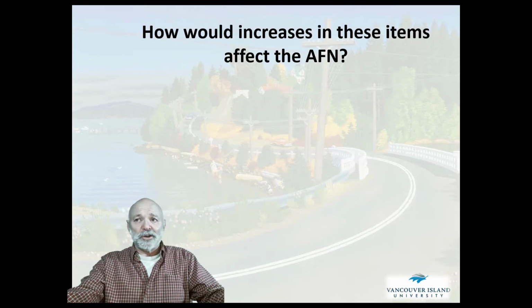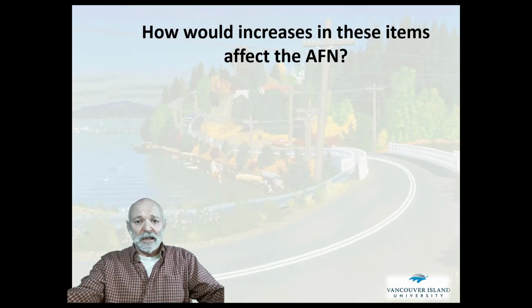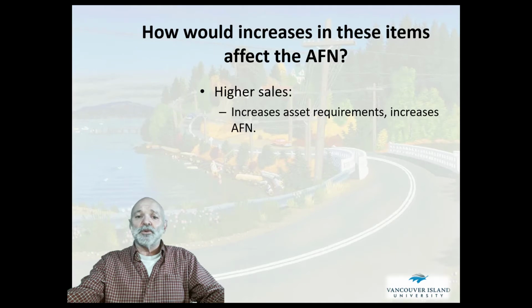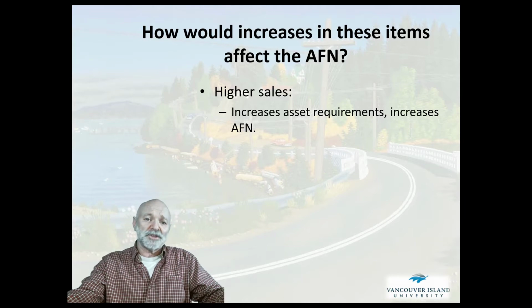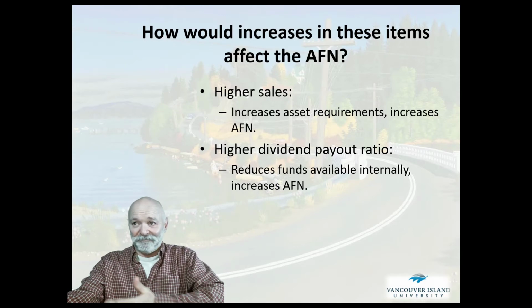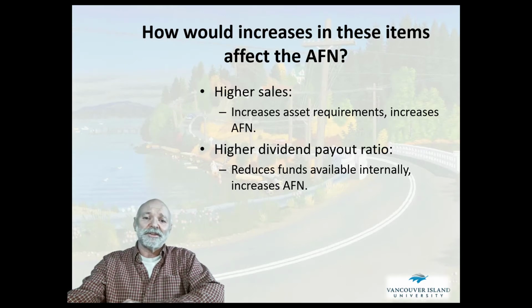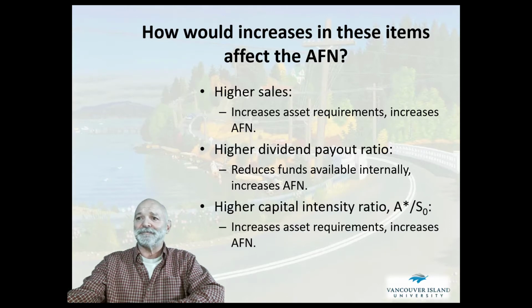Now, how would increases or decreases in these numbers affect our business? Well, if our sales are higher than predicted, we're going to require more assets, which is going to also increase the funding requirement. In some ways, one of the most dangerous times that a company faces is when it grows, because it needs additional funding. If they pay out a higher dividend payout ratio, that's going to decrease the funding available, also increasing the additional funding requirement.